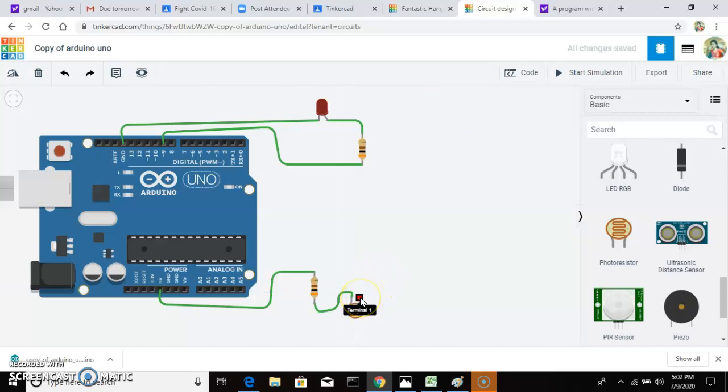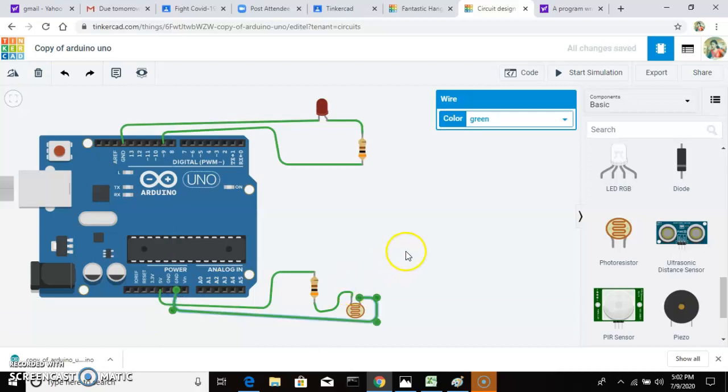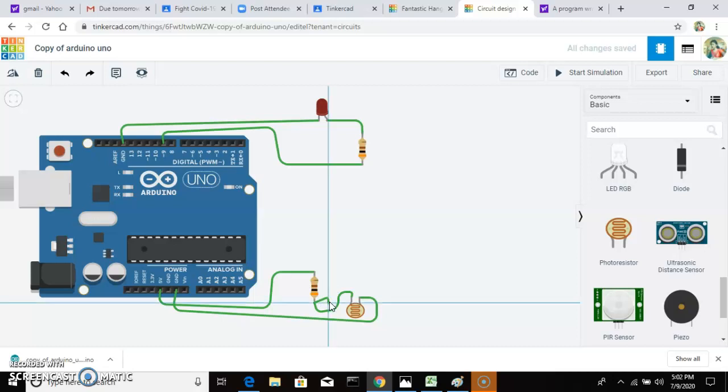and the other terminal should be connected to the ground of the Arduino Uno board, and this resistor terminal also should be connected to analog input pin number 0.